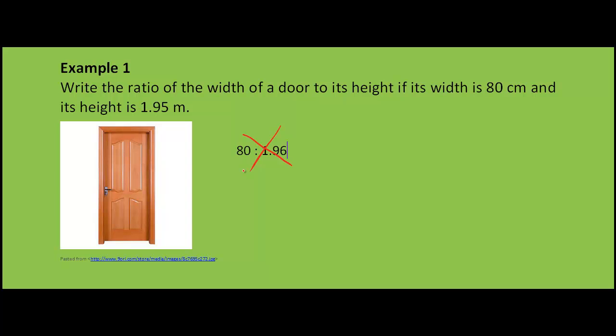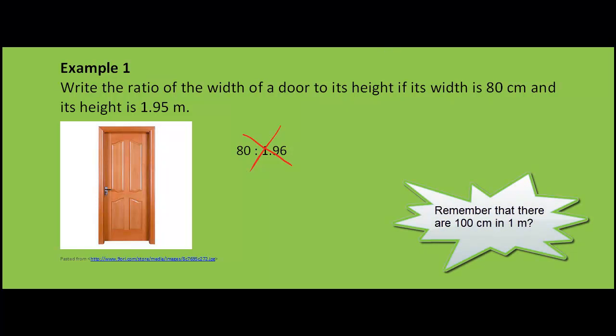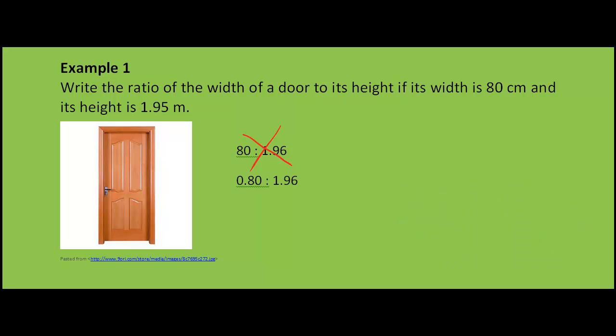We need to first convert both measurements to the same unit. Suppose we decide to convert 80 centimeters into 0.80 meters. Now we could write the ratio of door width to door height as 0.80 meters is to 1.96 meters.